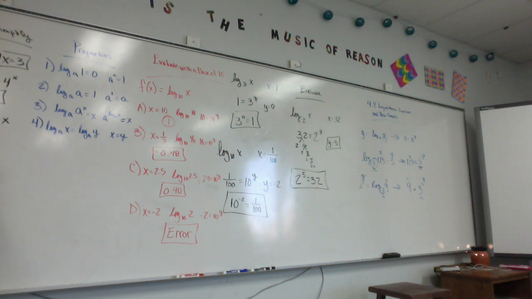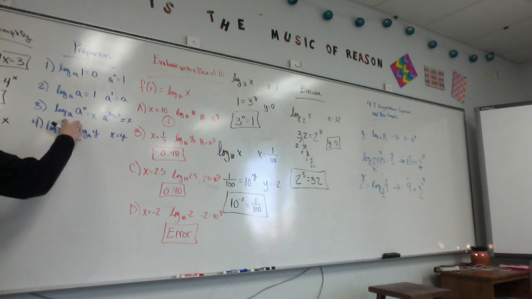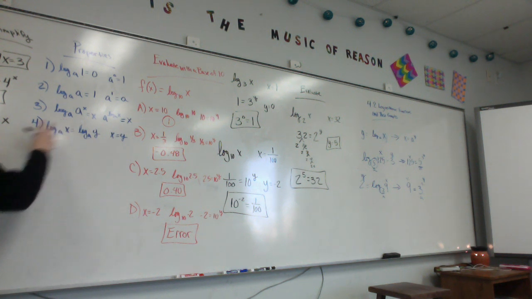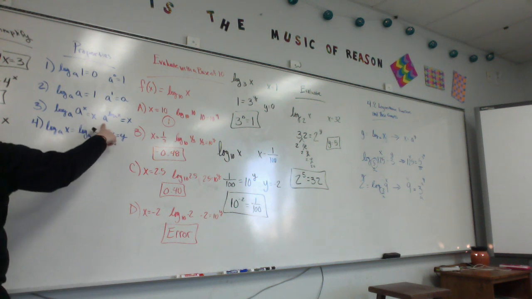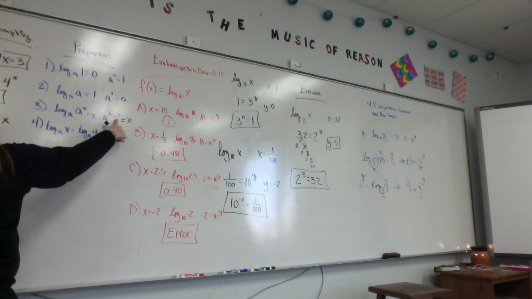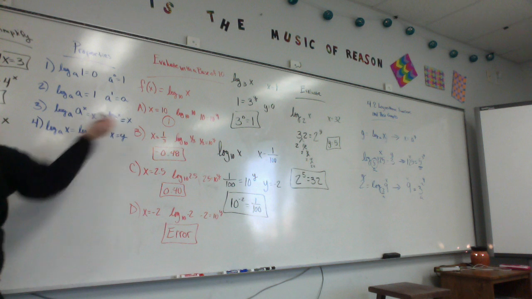Okay, Linz, you're on the right track. Okay, listen. This one's like number 3 still, right? But it's kind of backwards. I have my base raised to log base 7 of 14. So what's it going to equal?